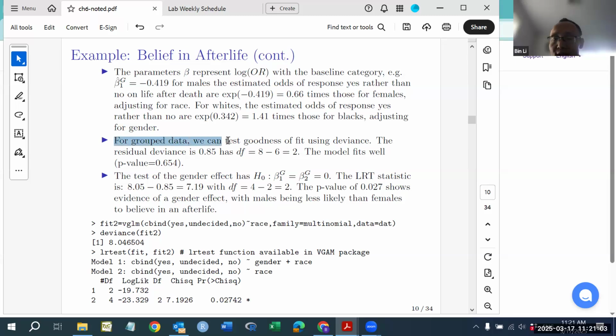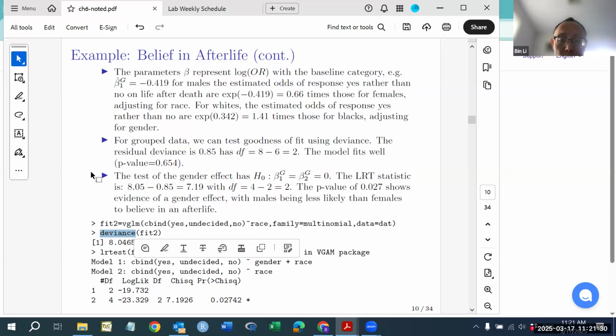So for grouped data, we can test goodness of fit using the deviance, right? Here we have the residual deviance, 0.85. How do we get the deviance? You can just use the deviance function. Okay, so let's see.